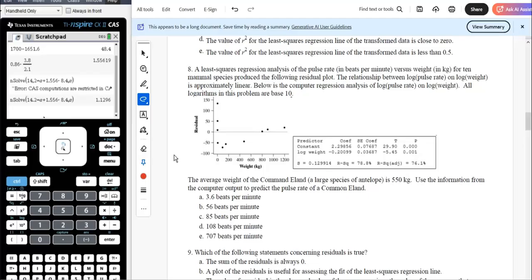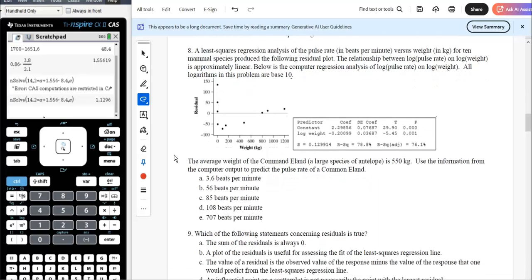Least squares regression analysis of the pulse rate is here. Below is a computer output. So the average weight is 550. Use information from the output to predict. So let's write the equation here.